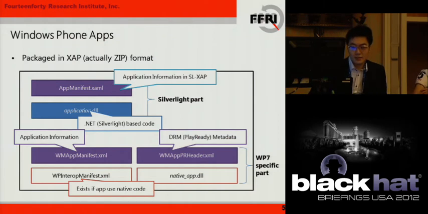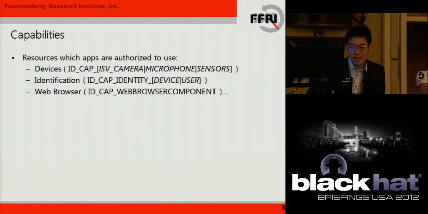Well, let's look at the security. The Windows Phone 7 manifest declares capabilities, which determine the resources authorized for use. This is similar to Android's permission system. There are main capabilities indicating device features such as camera, microphone, sensors, and user or device identification. And more interestingly, use of special components such as the web browser.